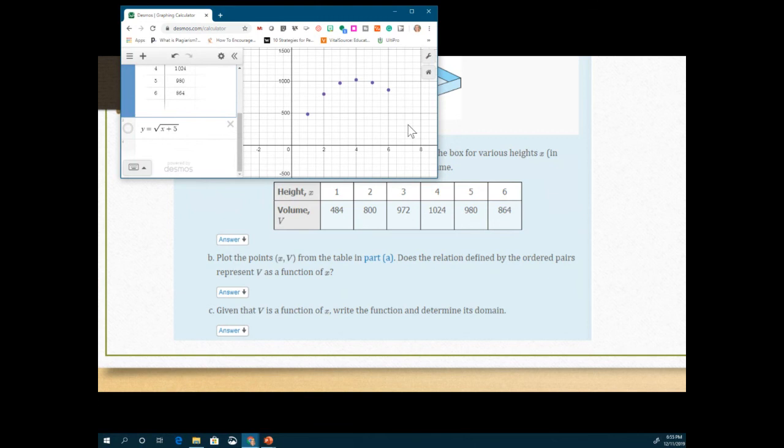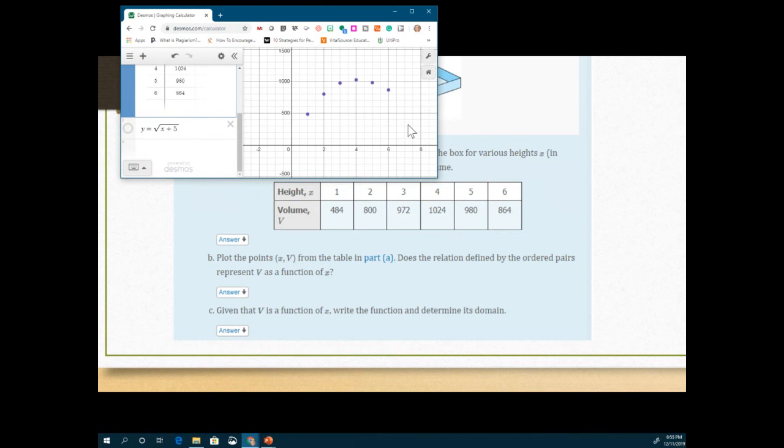Okay, so now, second part, does the relation defined by the ordered pairs represent a function? So, is this a function, guys and girls? Okay, Mark, you say yes. Why is it a function? Or if anybody else has a reason why it's a function.